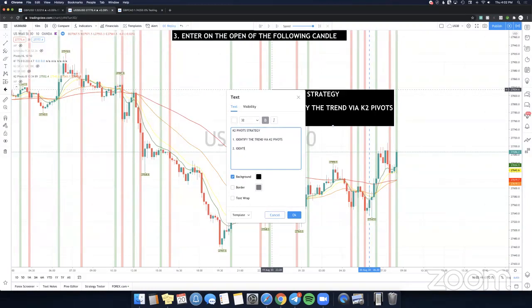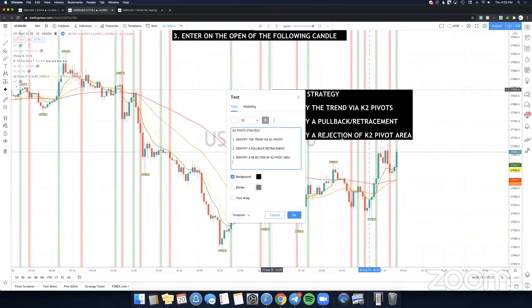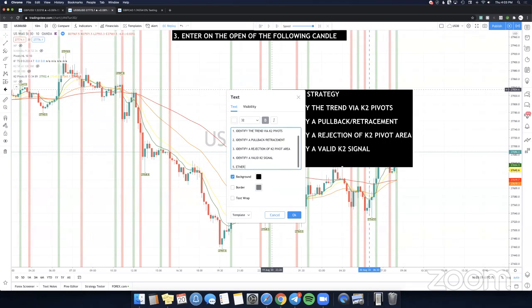Second, you want to identify a pullback retracement. Third, you want to identify a rejection off the K2 pivots area. And then lastly, identify a valid K2 signal. After that, you can enter on the open of the following candle.